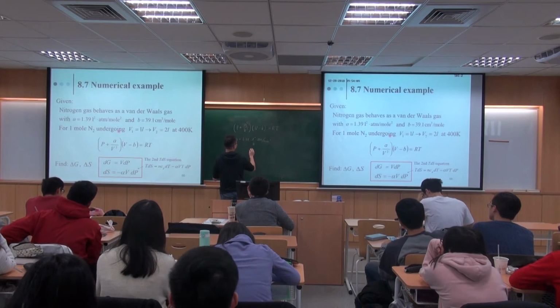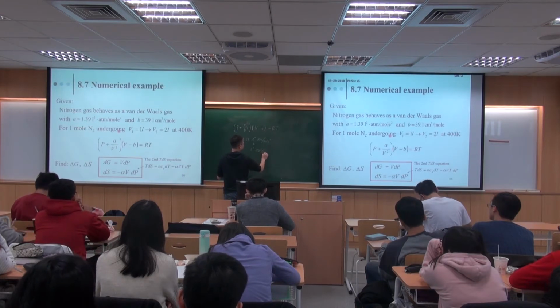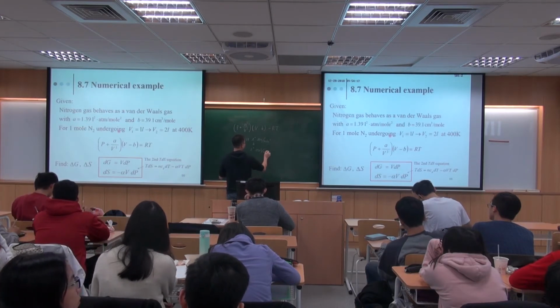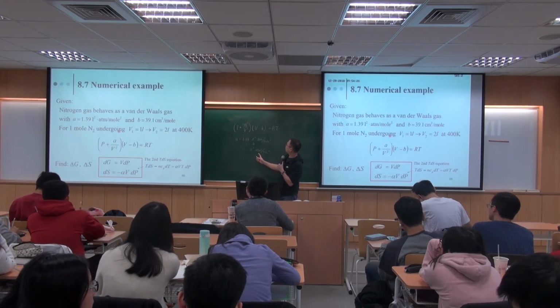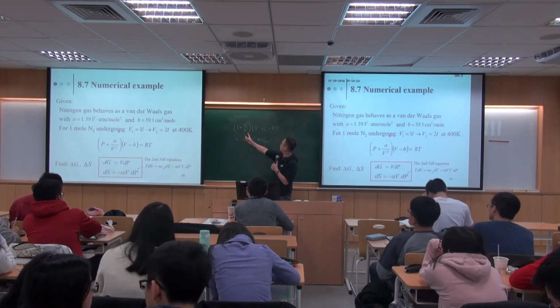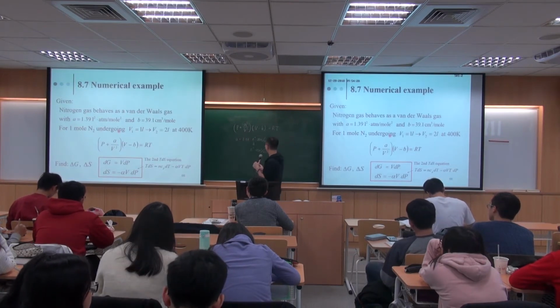the unit will become liter to the 4 atm square per mole to the 4. This unit is not going to be canceled out with molar volume squared over here.